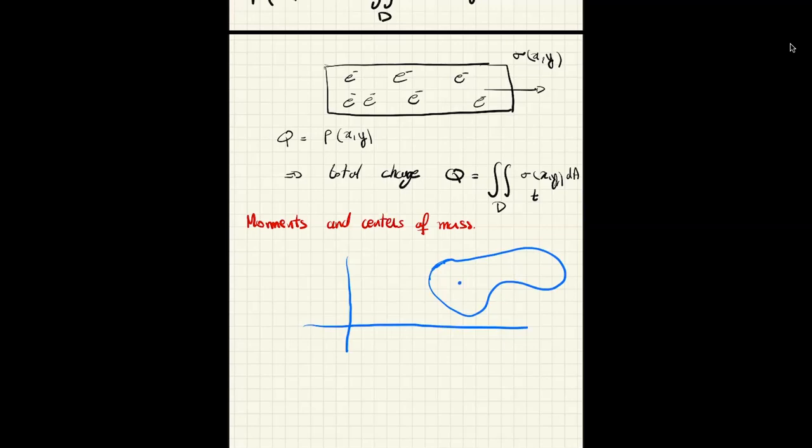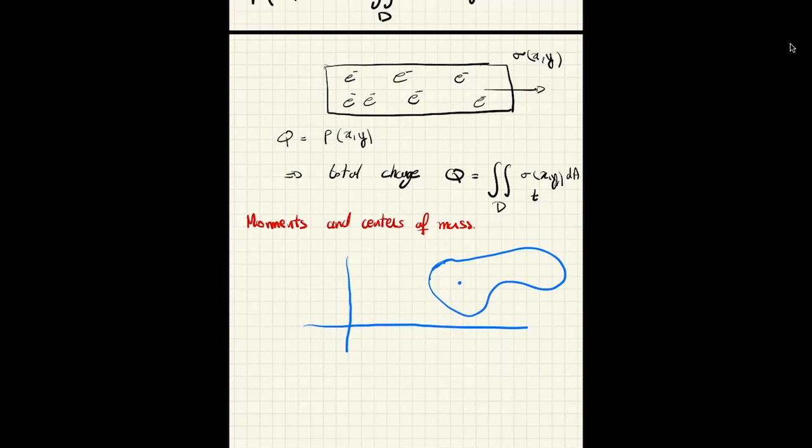For a straight object, for example, with different mass all along the line, you can do it pretty easily.